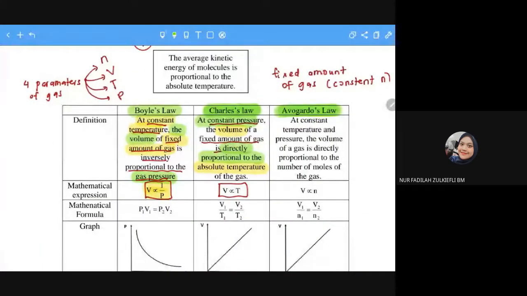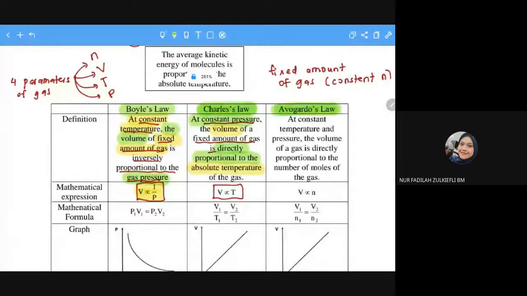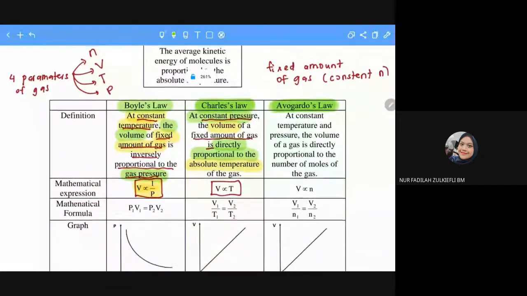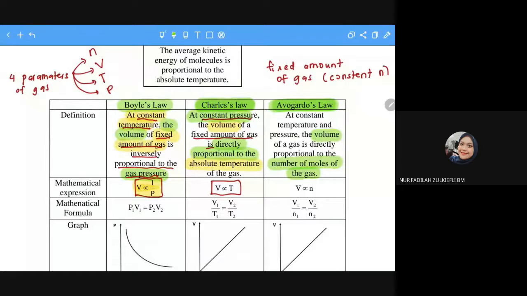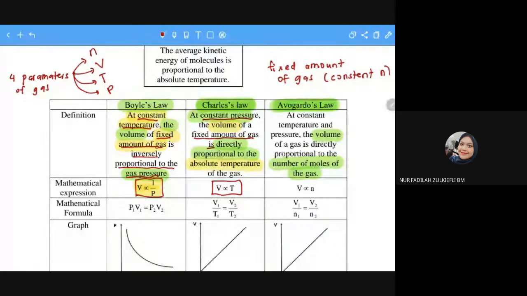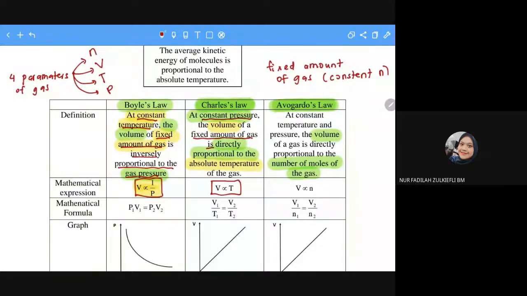So Avogadro's law is the study to relate the relationship between the volume and also the number of mole of gas. So at the same time, what are the two parameters that are kept constant? Kalau nak study volume and number of gas, what are the two parameters that are being kept constant? Temperature and pressure.